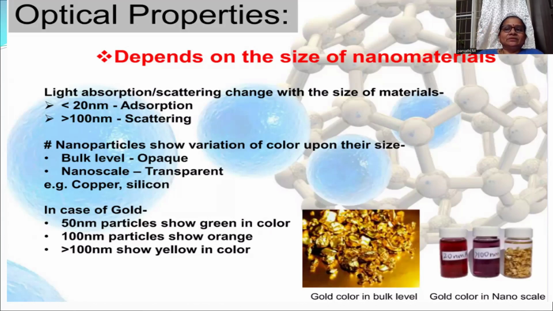That means the size of the particle is very small, and during that time it appears green. Whereas if the particle size is increased to 100 nanometer, it looks orange. And if it is greater than 100 nanometer, which is what we generally see with our eyes, the color is yellow. So like that, color or application varies with respect to the size of the nanomaterial.